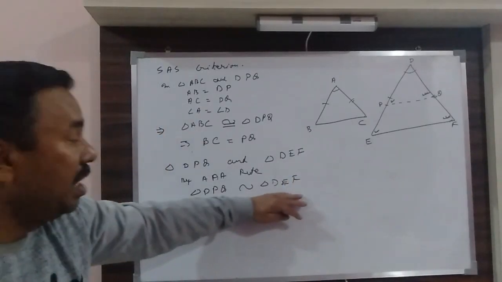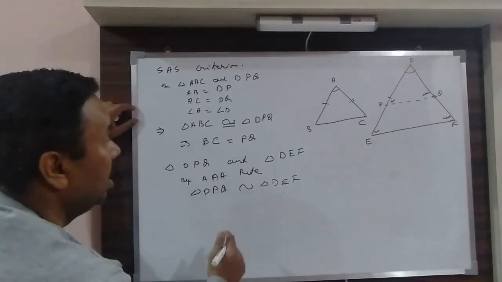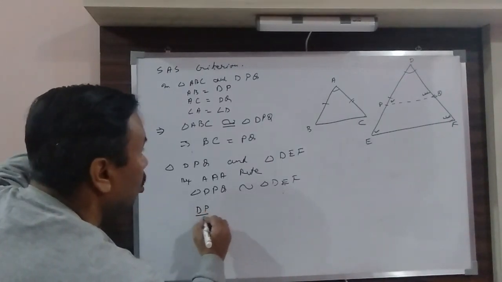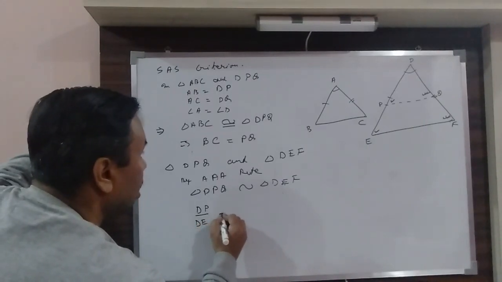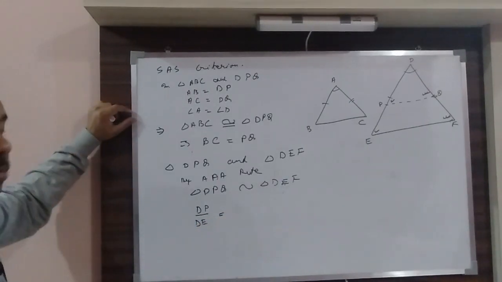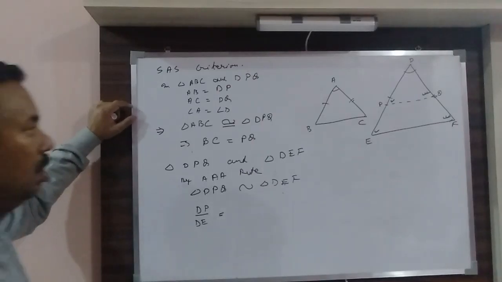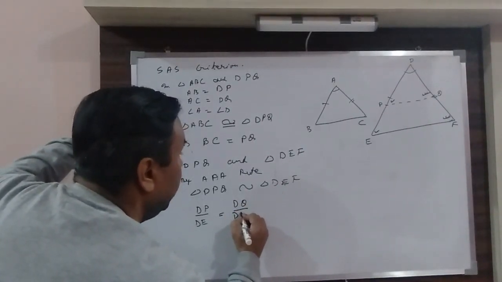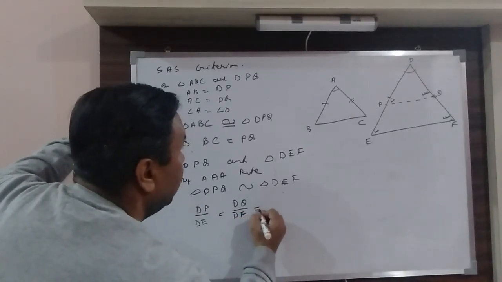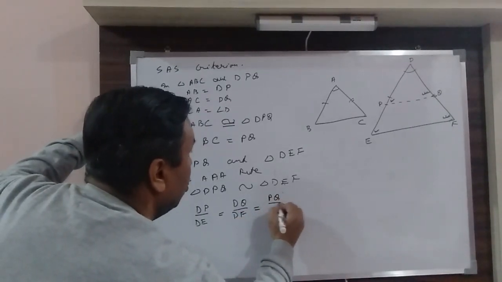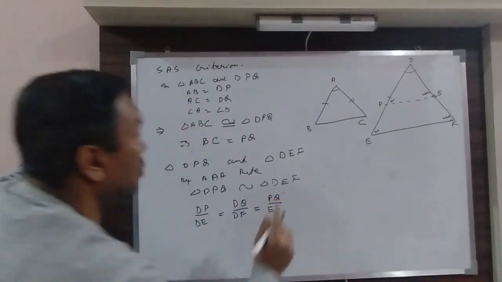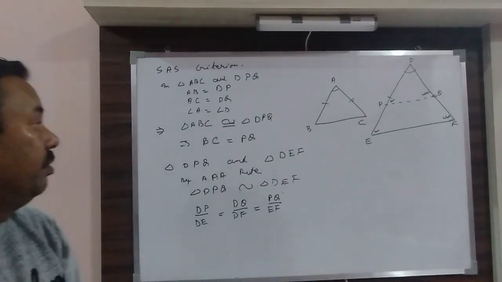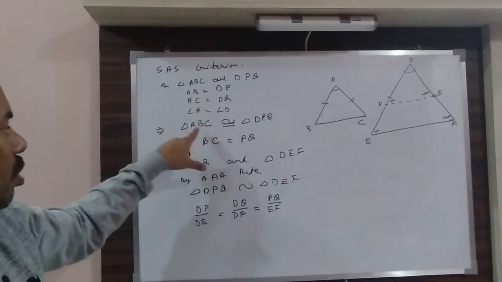And if these are similar, I can say that DP over DE is equal to DQ over DF, and that is equal to PQ over EF. Okay, PQ over EF.